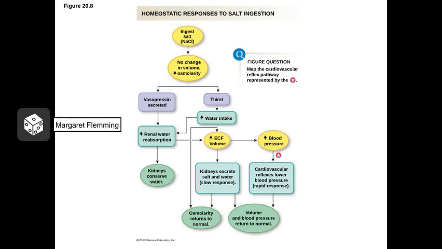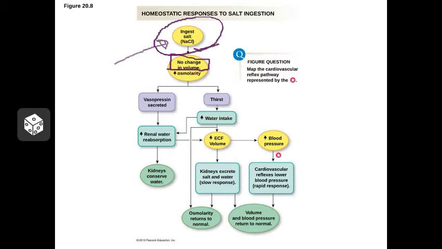I'm using this slide to help you gain a little perspective. So what happens if you eat salt? Well, you will have no change in volume if all you're doing is eating salt. For example, you go to the movie and you get salted popcorn, but you forget to have anything to drink.